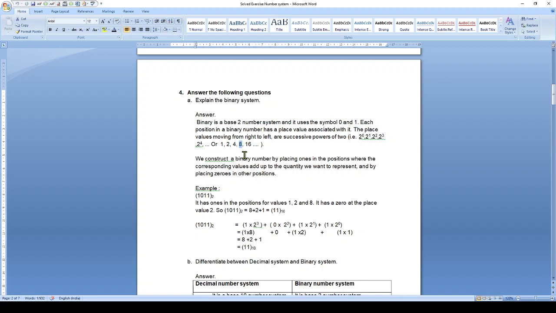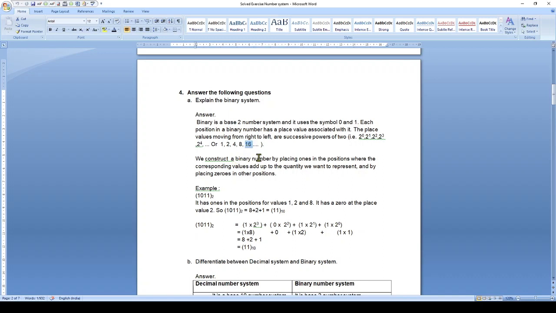Right? 2 to the power 4, multiply 2 4 times. 2 into 2 into 2 into 2, get 16. Right? So when you multiply 2 4 times, you get 16.